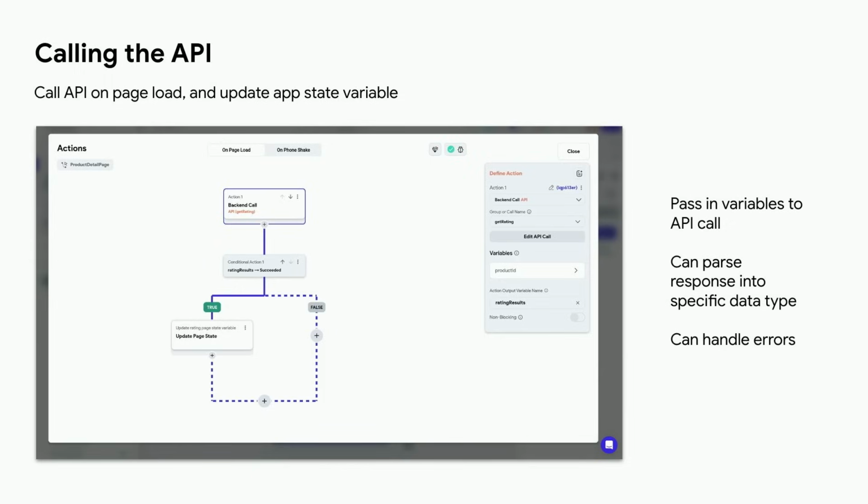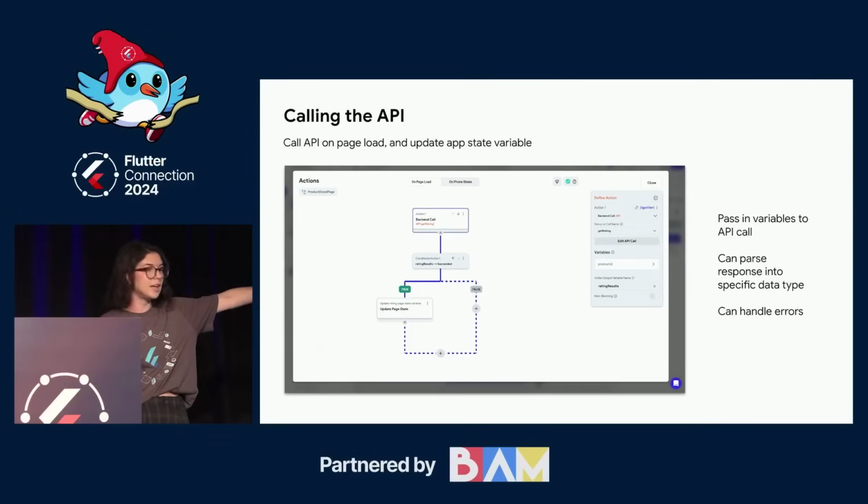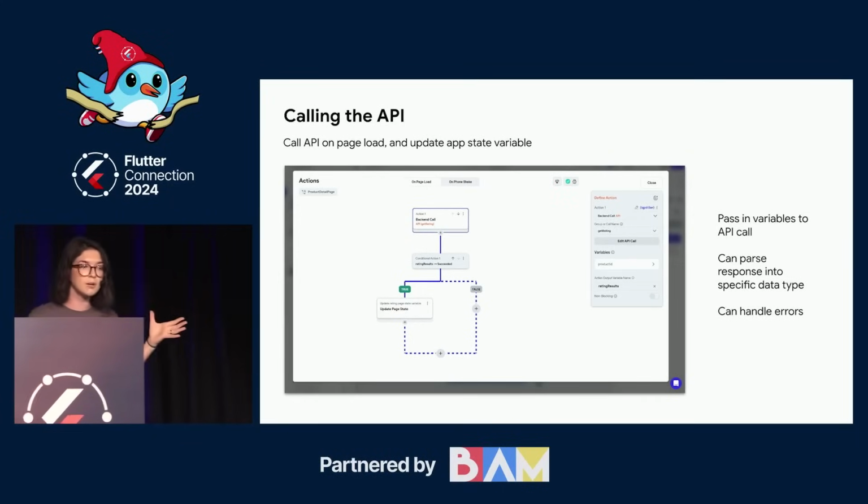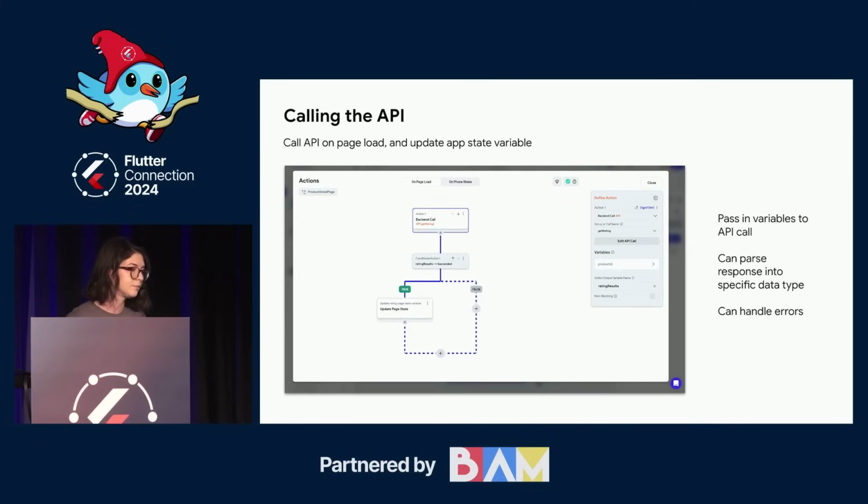So up at the top, you can see the trigger, and I've set this to run when my page is loaded, specifically my product detail page. So when my product detail page first loads, then it's going to make this backend call, where I'm simply saying, make the backend call, use the GetRatingCall that I've configured, and pass in any variables. In my case, I already created a query parameter variable called product ID.